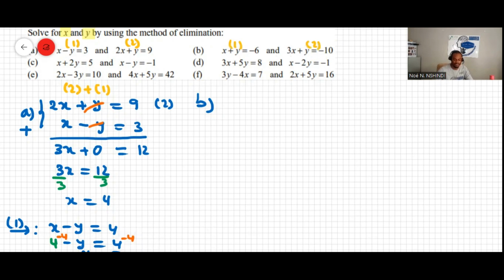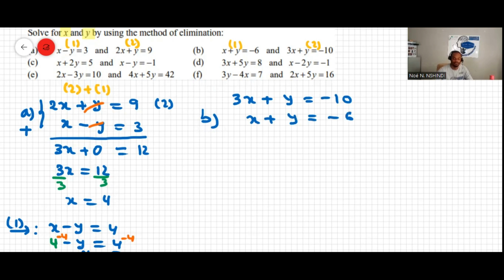I can write equation 2, which is 3x plus y equal to negative 10, and then equation 1 is x plus y equal to negative 6.